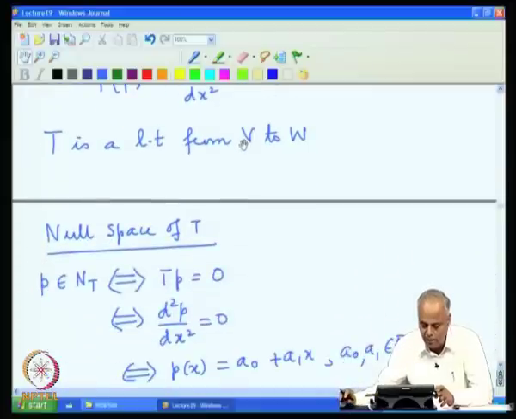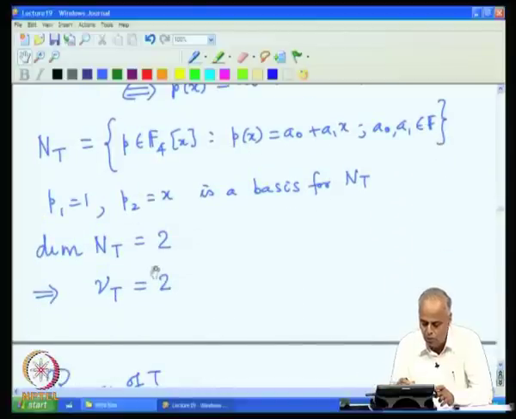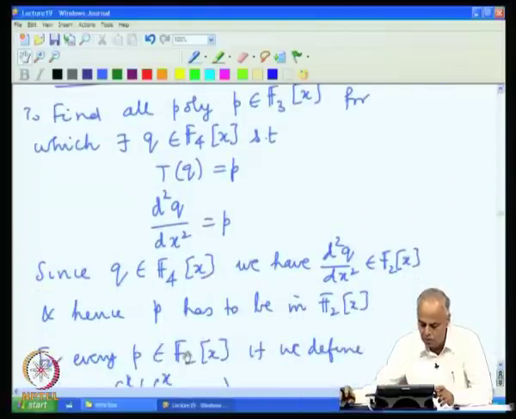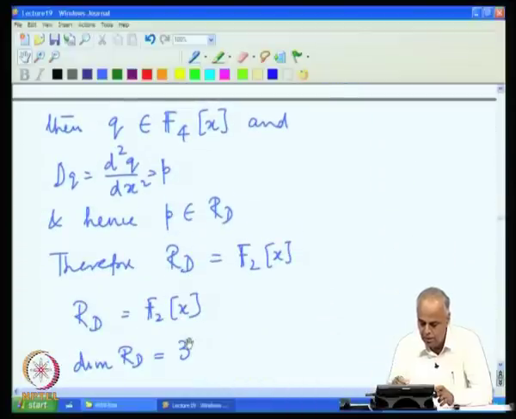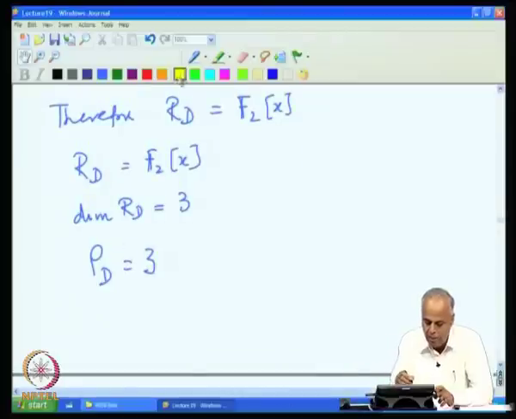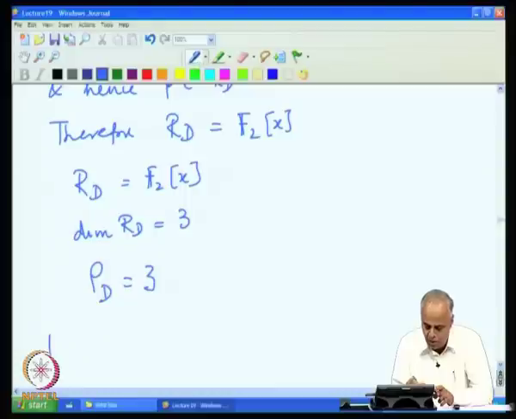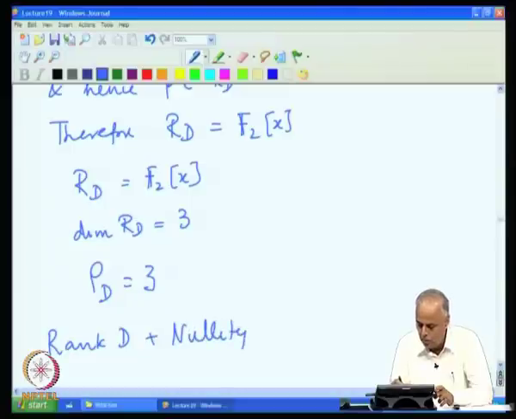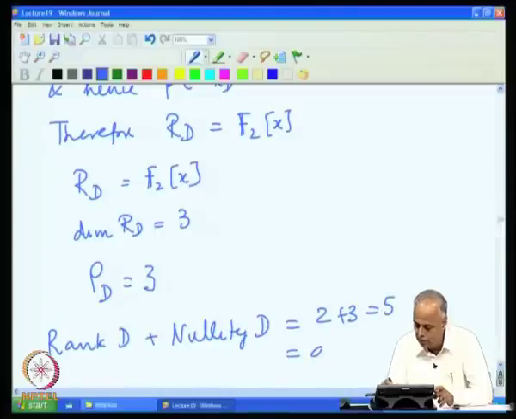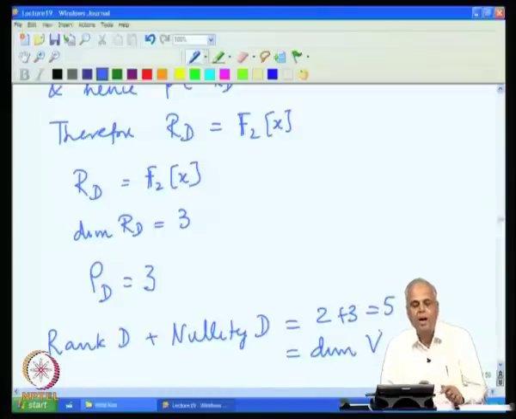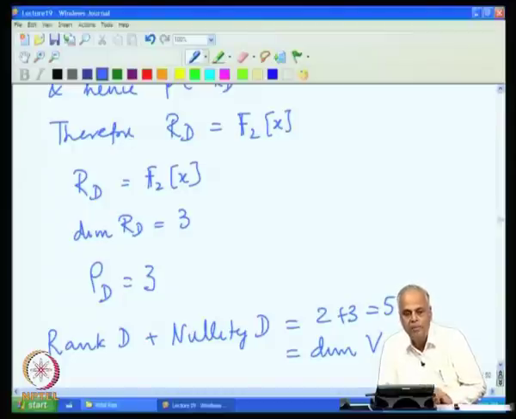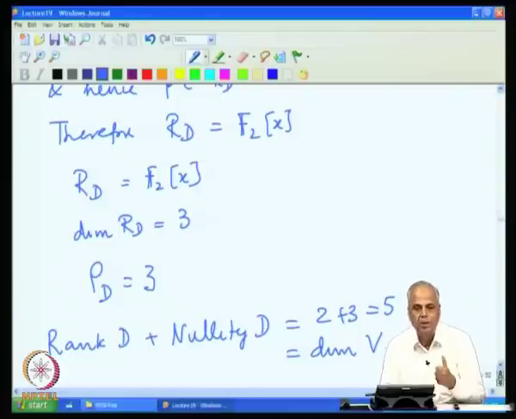So, n is 5, nullity was 2 and rank was 3, and the rank plus nullity came out to be, in this example we got rank D plus nullity D was equal to 2 plus 3, which is 5, which is equal to the dimension of V. And now, this is not an accident, and the fact that this is always true for linear transformations is known as the rank nullity theorem, which we will look at in the next class.